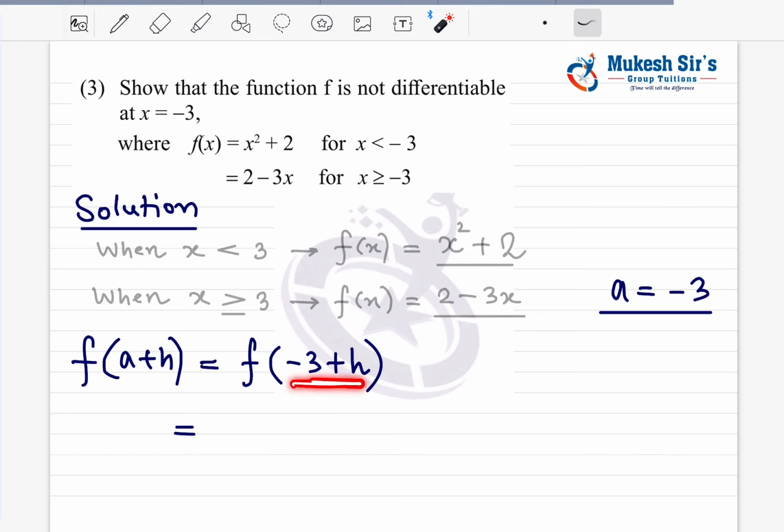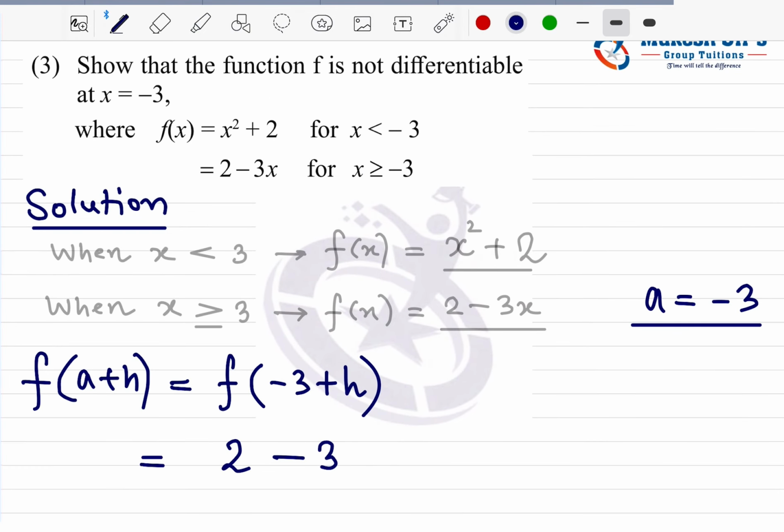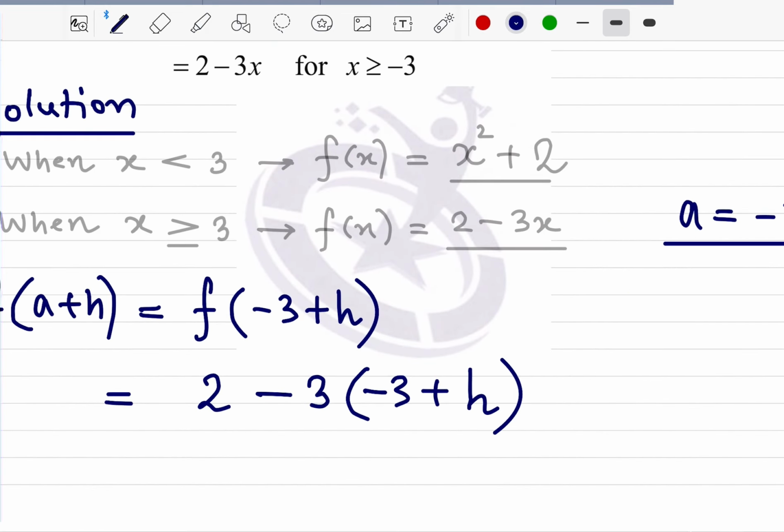Instead of x, you have to put minus 3 plus h. So that becomes f of minus 3 plus h है ना. So that becomes 2 minus 3x था ना, उसमें x का जगह पे you have to put minus 3 plus h.